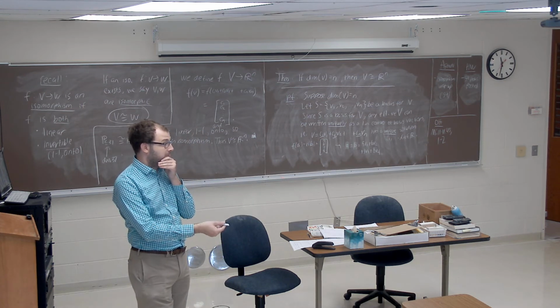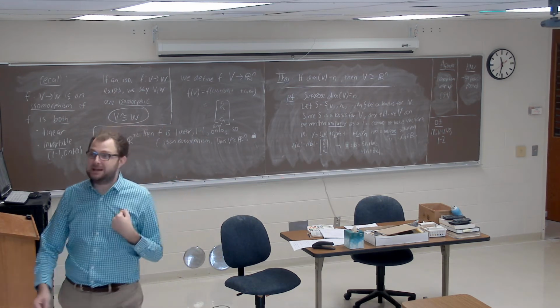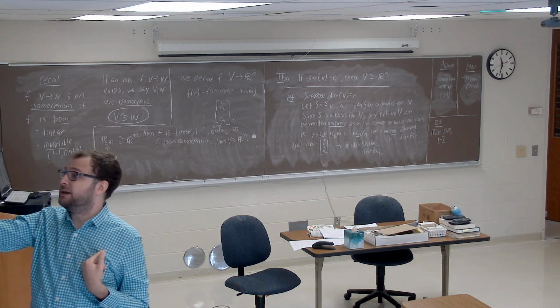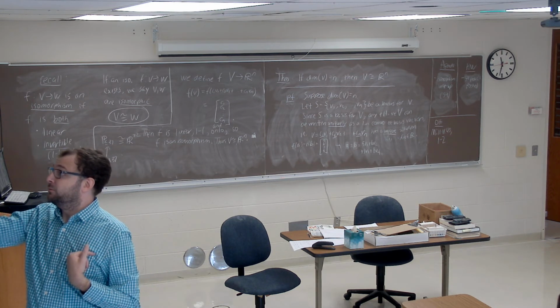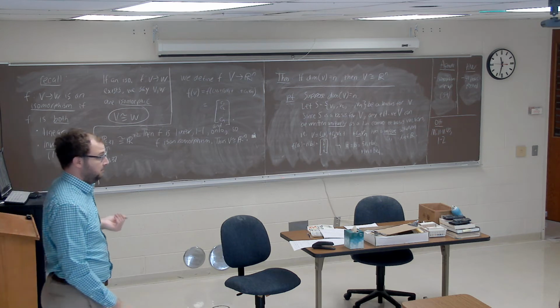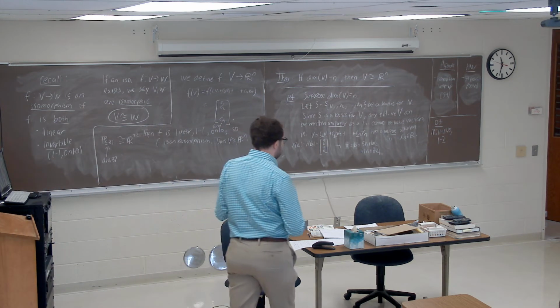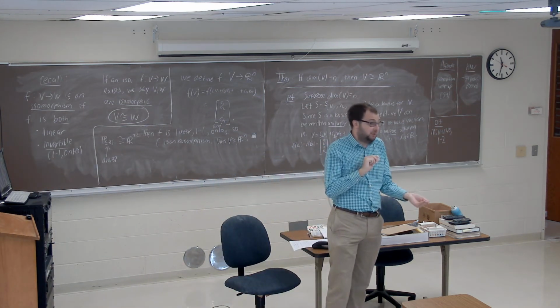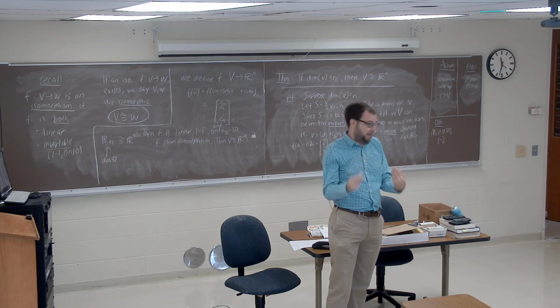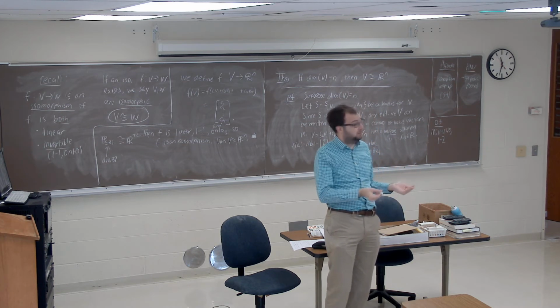It's in the kernel. Yeah, exactly. By definition, that means v1 minus v2 is in the kernel of the function. Because the kernel, by definition, is just the set of things that map to 0. Well, if v1 minus v2 maps to 0, then it has to be in the kernel, by definition.